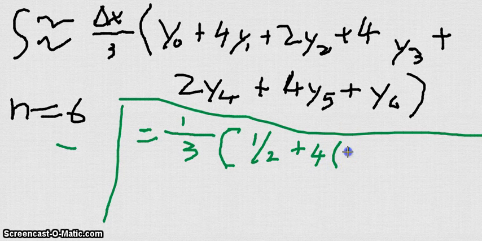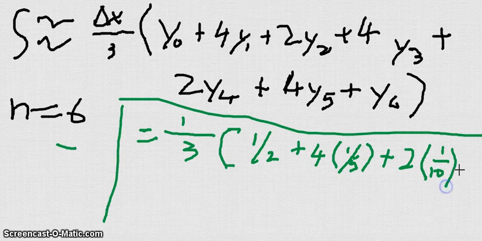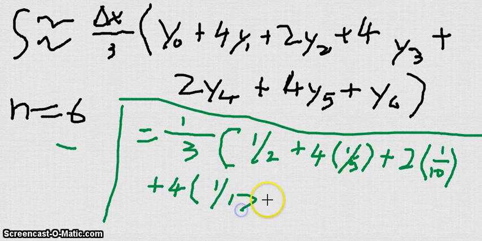The y1 value would be 1 over 5, plus 2 multiplied by the y2 value, which is 1 over 10, plus 4 multiplied by the y3 value, which is 1 over 17.